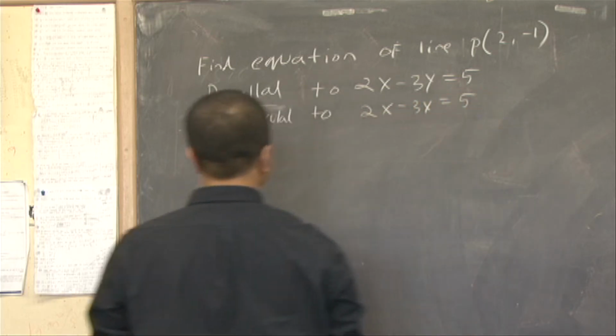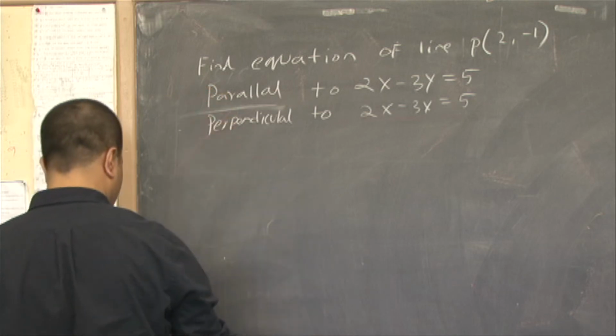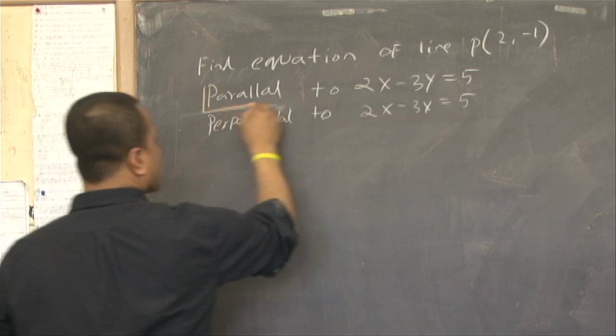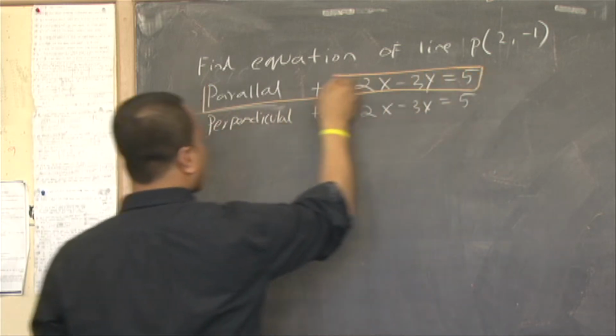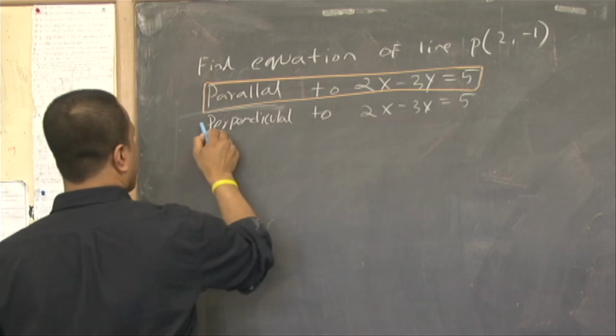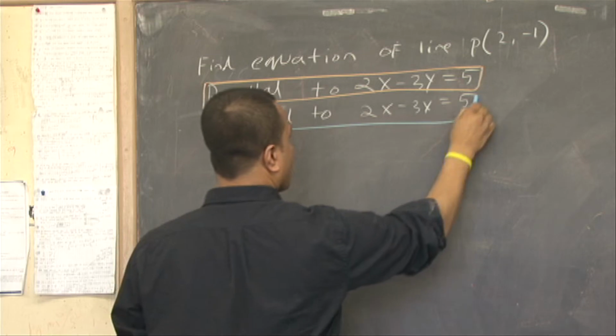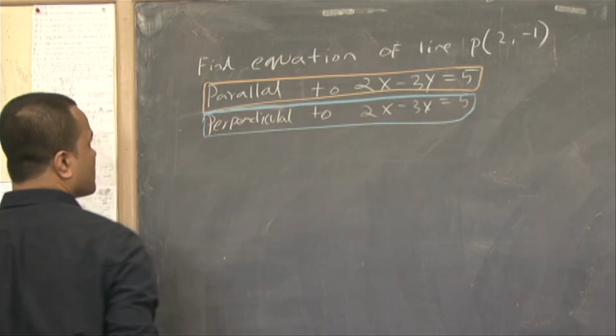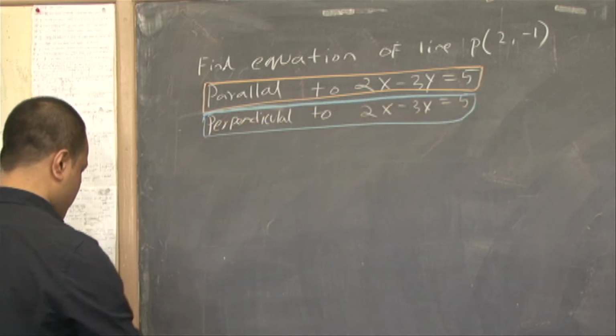Alright. So let's do a color coding. Let's highlight this one by yellow and this one by blue. Alright. So let's do the top one, the parallel one.